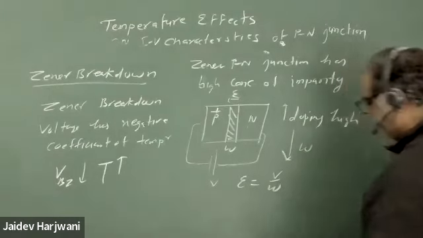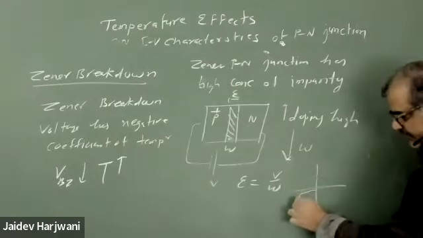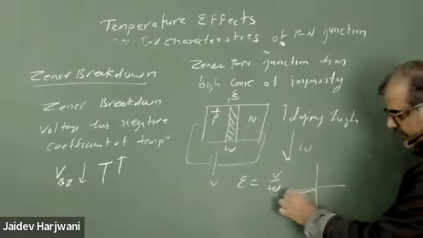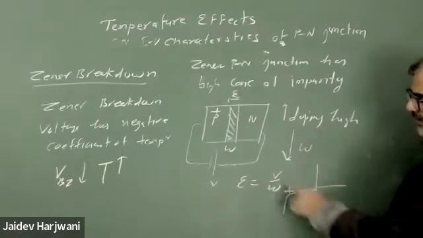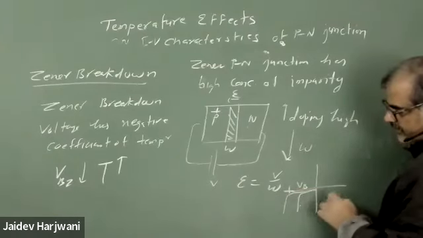In the case of avalanche breakdown, you need a higher voltage, but in Zener the width is small, so a lower voltage is sufficient to make breakdown.